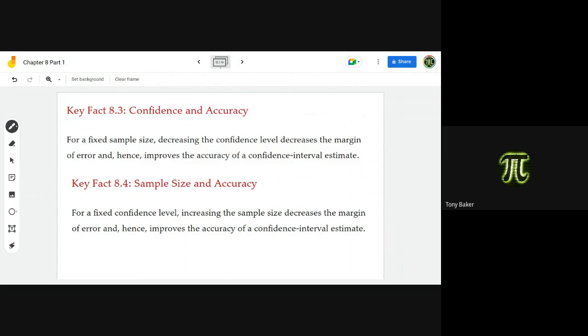Could you figure out your margin of error before you went out and did any work? No. What information do I need to know ahead of time in this problem?